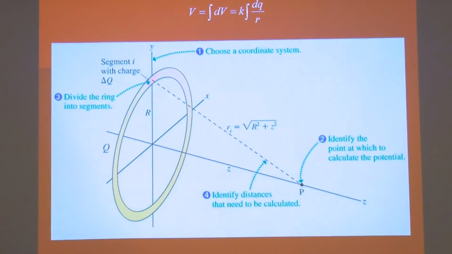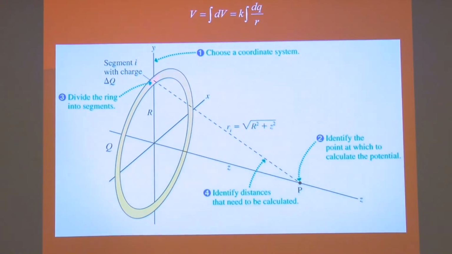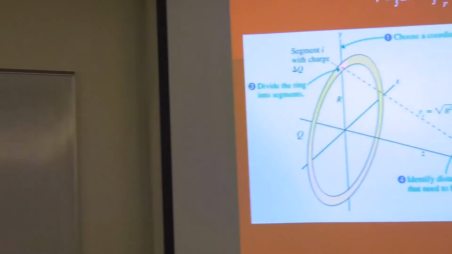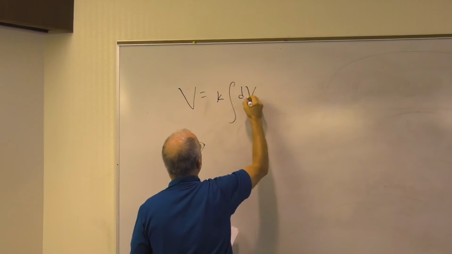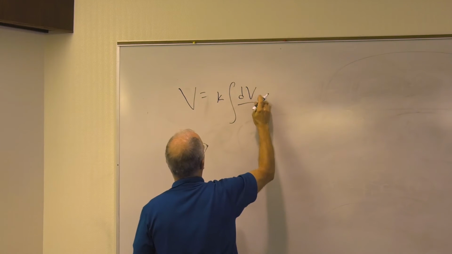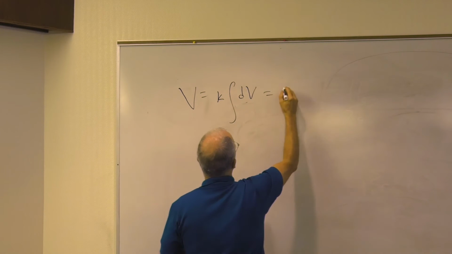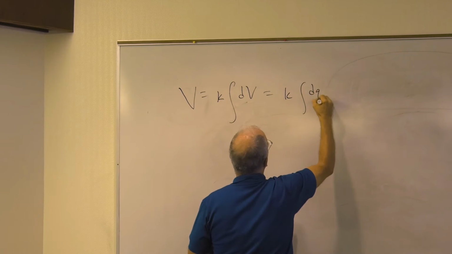All right, so here you go. So the voltage is K integral dV, right? Which is just K integral dq over R.